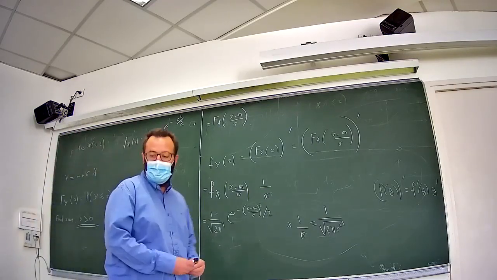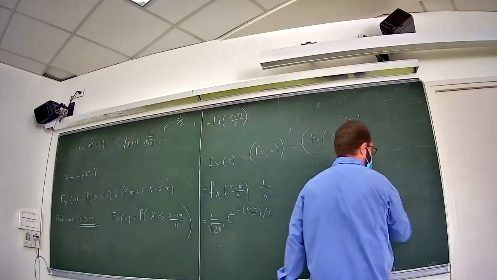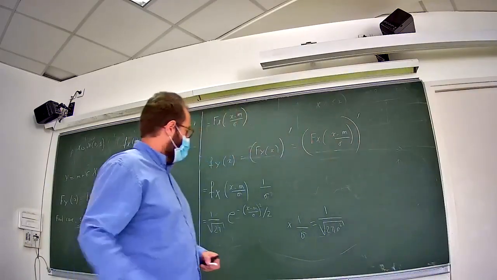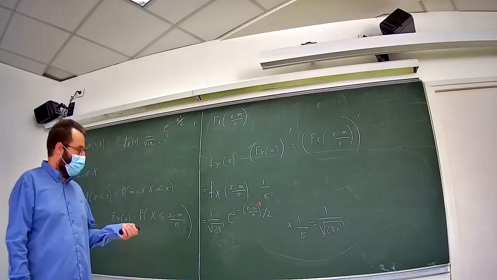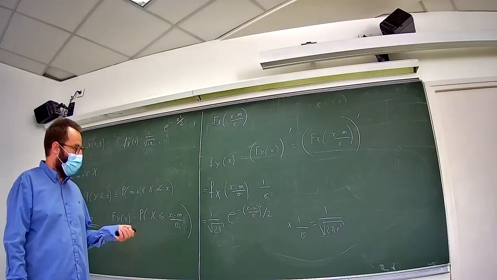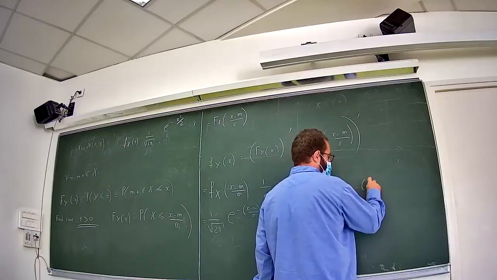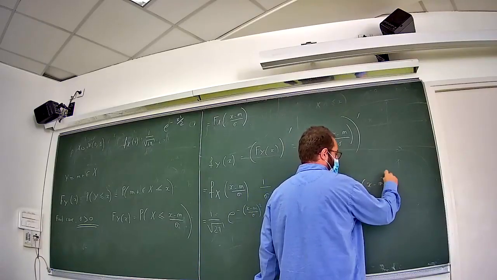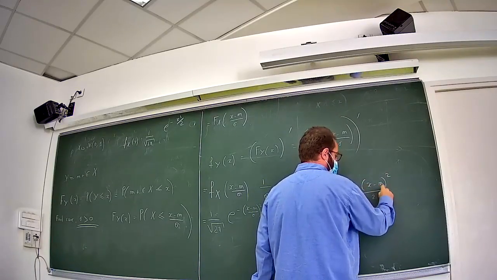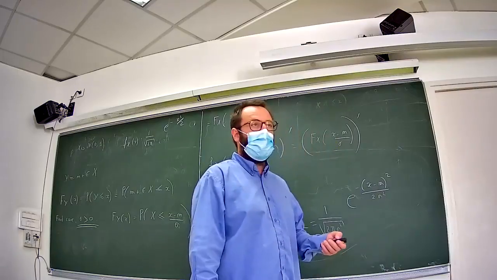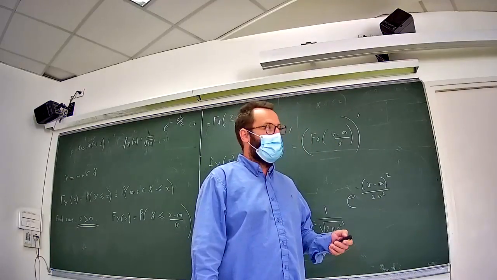And then I have this expression here, and I just extract the 1 over sigma from the square to obtain exponential minus (x minus m) squared over 2 sigma squared. And what do you see? I see that what I have obtained is exactly this one.